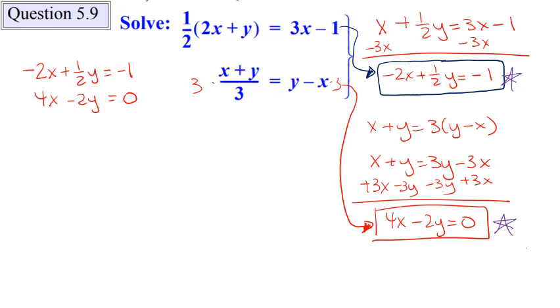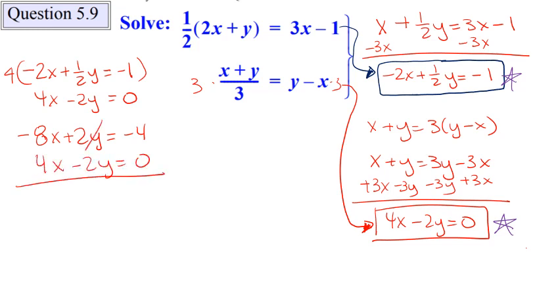And I don't like that fraction, but I can change that fraction to a 2 by multiplying it by 4. And what will happen is the y's will both be 2 with different signs. So I'm going to multiply the top one by 4. So this will be negative 8x plus 2y equals negative 4. Again, I went for that because I didn't want to work with that fraction. And then the bottom will stay the same.